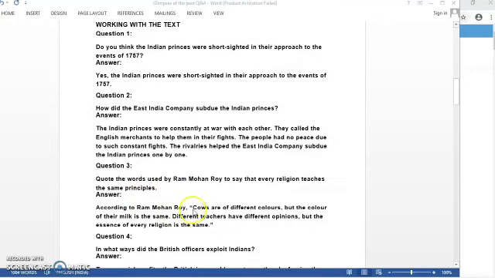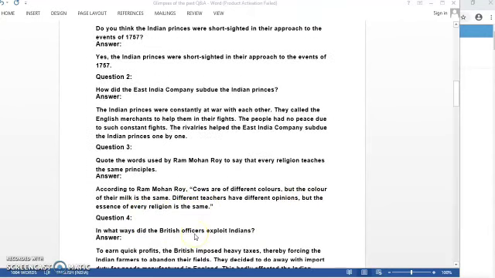According to Raja Ram Mohan Roy, cows are of different color, but the color of their milk is the same. Different teachers have different opinions, but the essence of every religion is the same. Means the deeper meaning of every religion is the same.